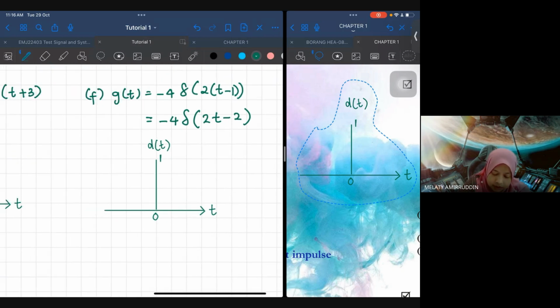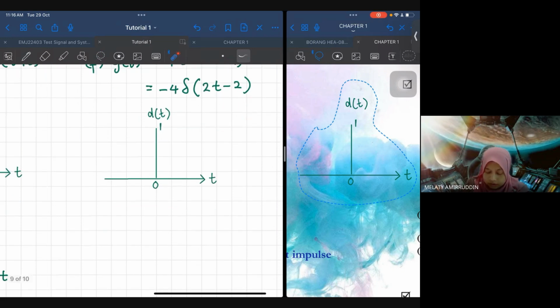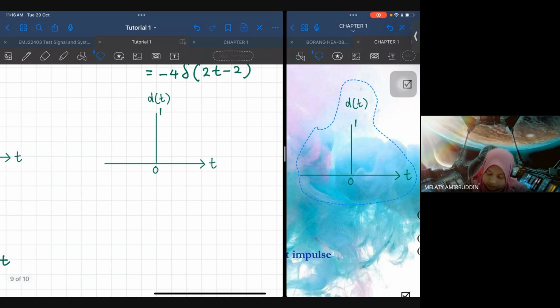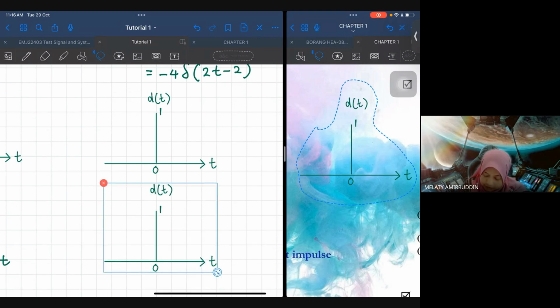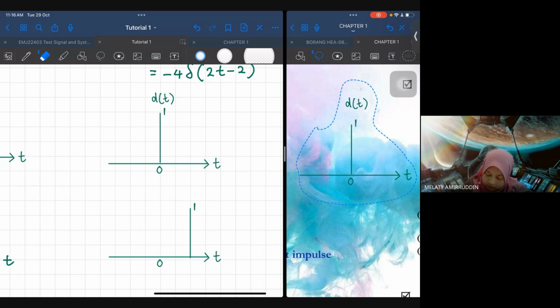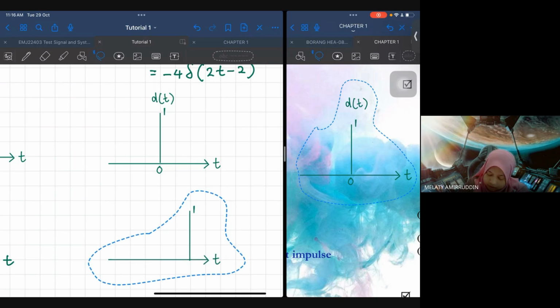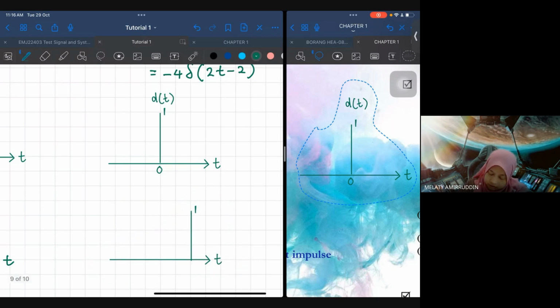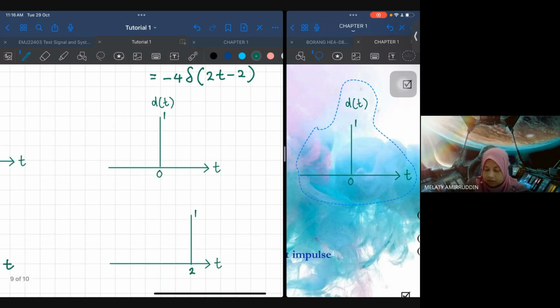Shift to the right by 2 units. 1, 2. Okay, this is the impulse t minus 2.